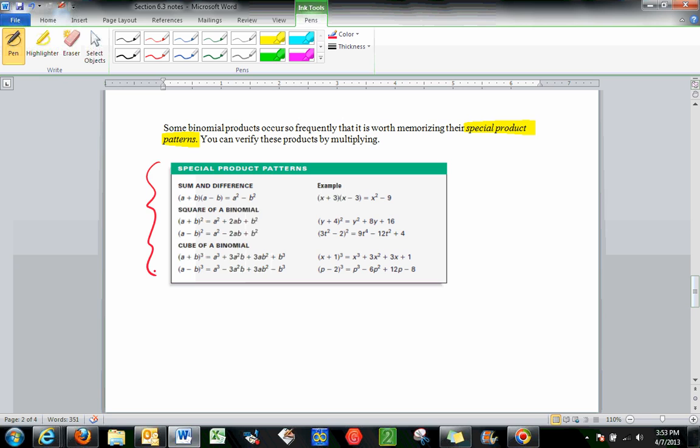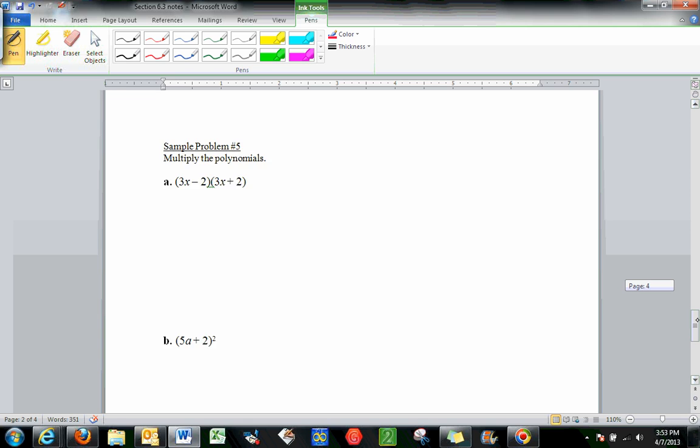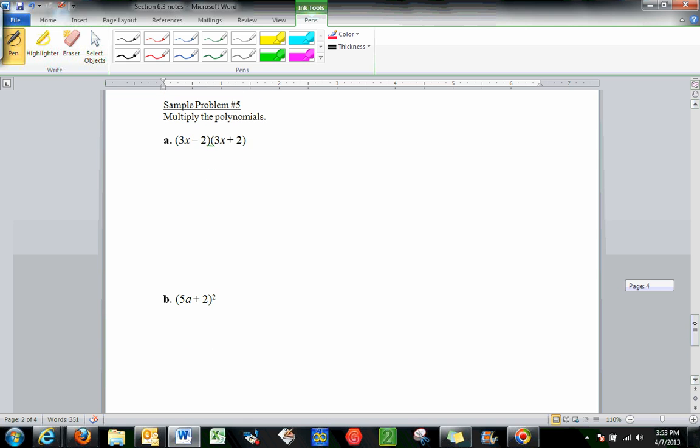There are 3 sample problems, and we're going to work all 3 of them, but I'm going to be sure to do all of them in both methods. So let's take a look at what we have here. Sample problem number 5. It says multiply the polynomials.